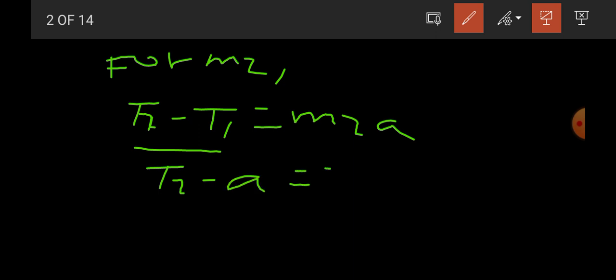Next for tension 2, for mass 2: tension 2 minus tension 1 is equal to mass 2 times acceleration. ይሄኛው net force for mass 2 ማለት ነው፣ total force for mass 2 ማለት ነው። ስለዚህ tension 2 minus tension 1 ማለት acceleration ነው። mass 2 is equal to 2 times a ይሆናል ማለት ነው። ስለዚህ tension 2 is equal to 3a.